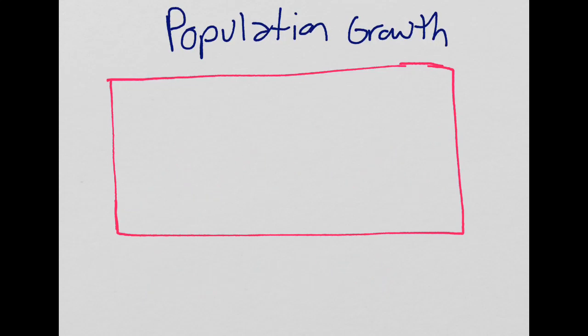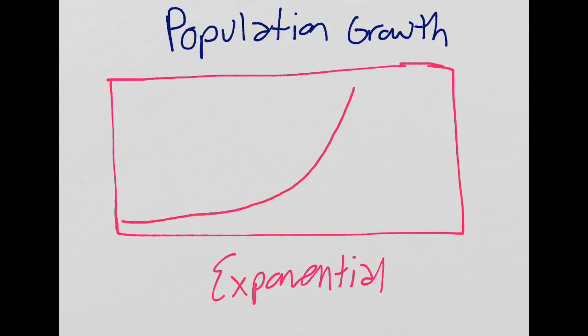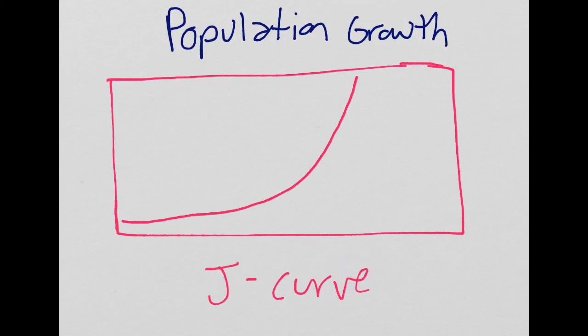Another model is called the exponential model, and this occurs under ideal conditions, and it looks kind of like this. You can see it keeps growing and growing, and it looks a lot like a J, so they call it a J curve.